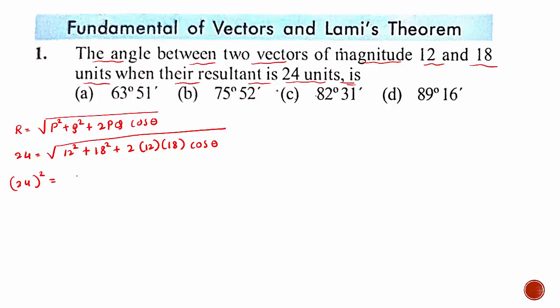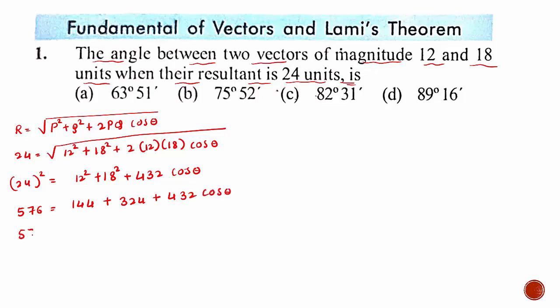So the RHS will become 12 square plus 18 square plus 12 into 2 into 18, so we will get 432 cos theta. 24 square is 576 equals 12 square, which is 144, plus 18 square, which is 324, plus 432 cos theta.